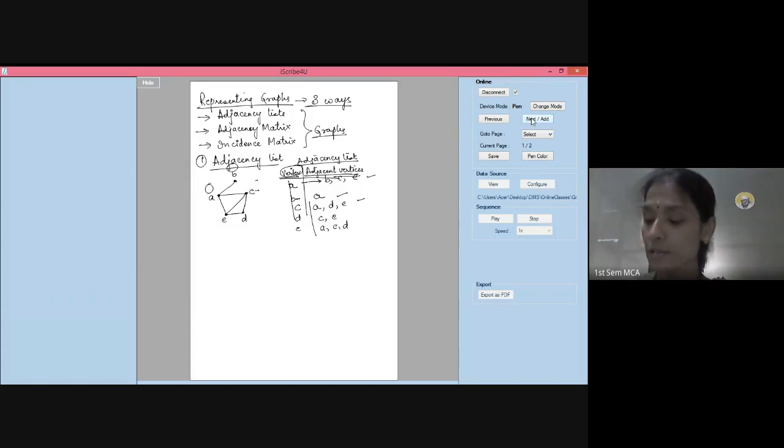Okay. Now what we have taken here is an undirected graph. Let us take an example of a directed graph. Let me take an example. This is A, this is B, C, D, E. Now let me connect.